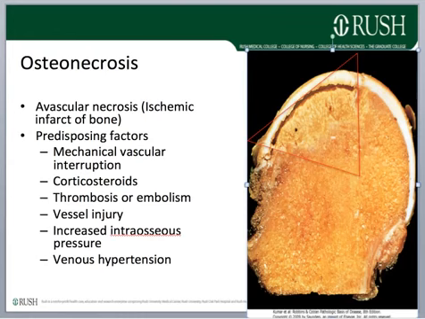So the base of the infarct is right underneath the articular surface, and because the bone is necrotic, it falls away typically from the articular surface, forming this crevice.